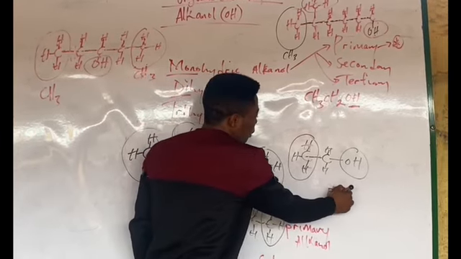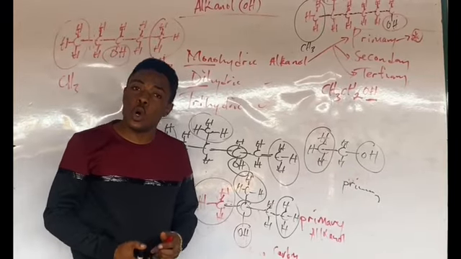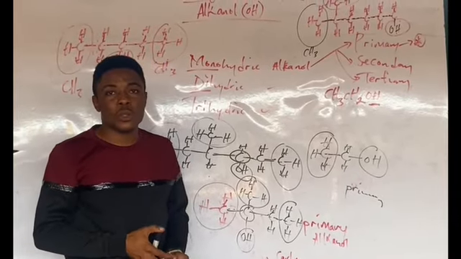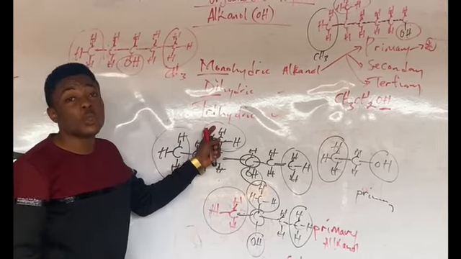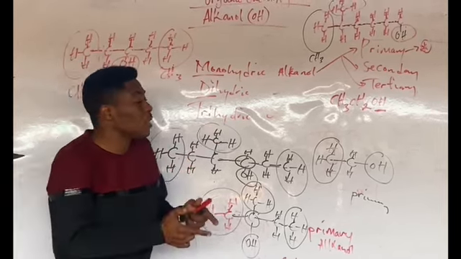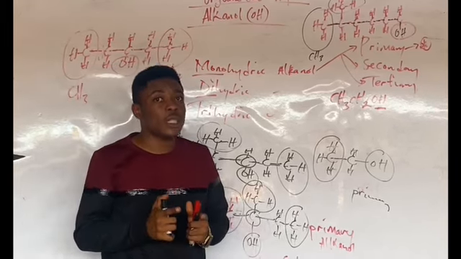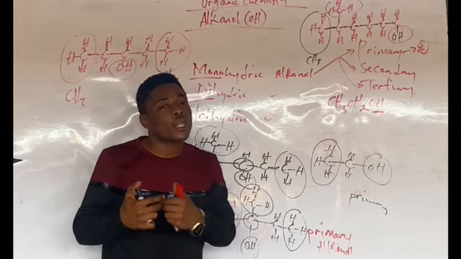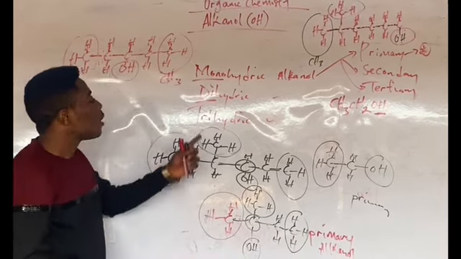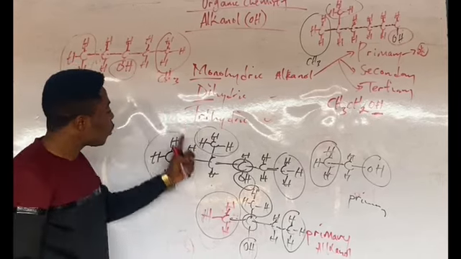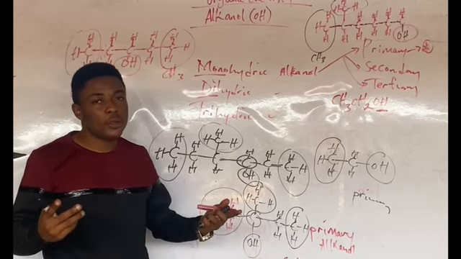This is primary. So like I said, please do not judge the classification of an alkanol based on the number of methyl groups present. No. What determines the type of alkanol is usually the position of the alpha carbon. Okay? Take note. Now class, the primary, the secondary, and the tertiary, they are all monohydric alkanols.